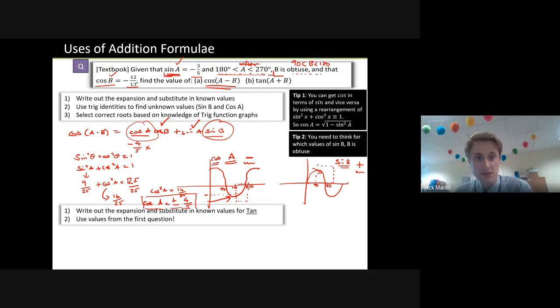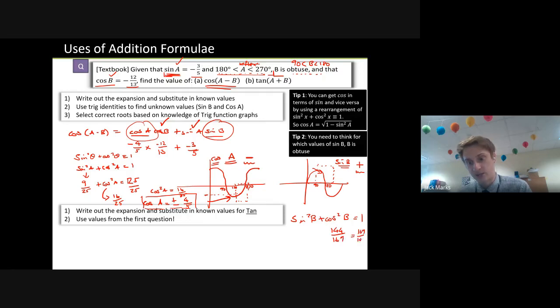Cos B, I think we were told that's minus 12 over 13. Sine A is minus 3 over 5. And look, sine B. I'm going to have to do the same thing again. So I'm going to do sine squared B plus cos squared B equals 1. I don't know what sine squared B is, but I do know that cos B is 12 over 13. If you square that, that's 144 over 169.